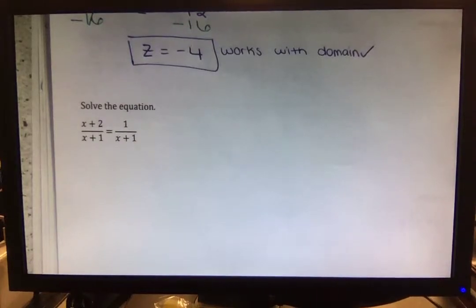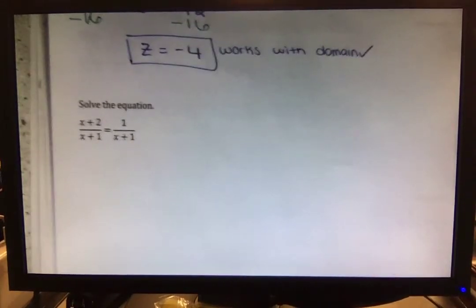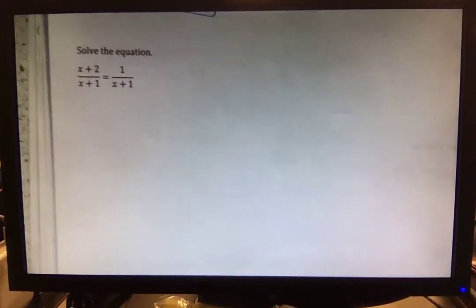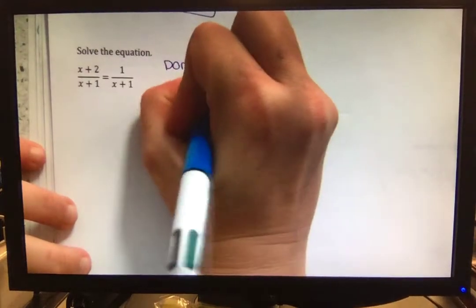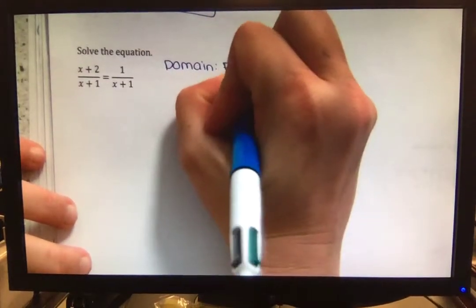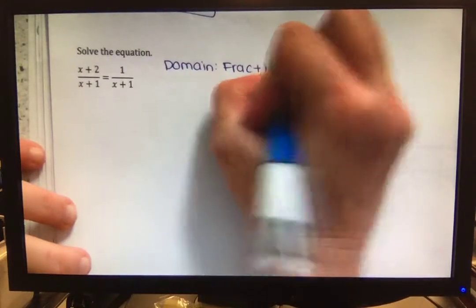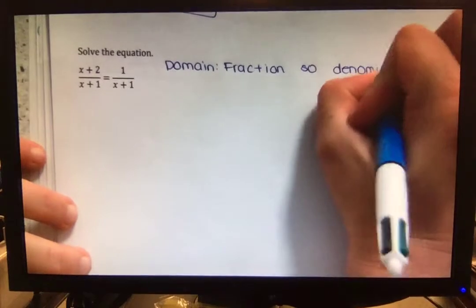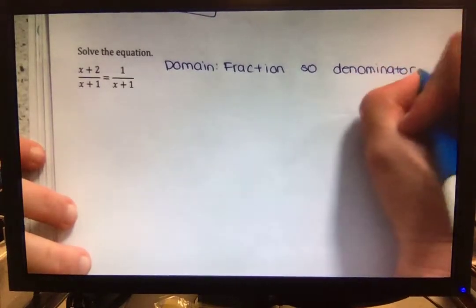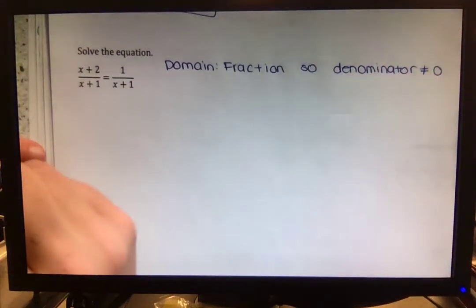Solve the equation. We have x plus 2 over x plus 1 equals 1 over x plus 1. First, we have to find the domain. It's a fraction, so we know our denominator cannot equal 0.